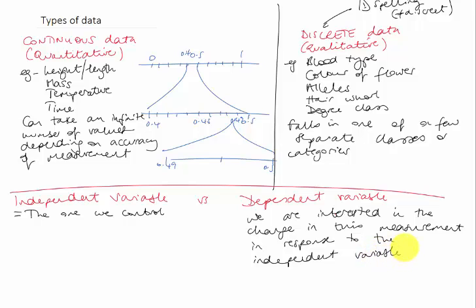So for example, we might incubate a reaction in different temperatures. So then the temperature would be the independent variable that we're controlling, and then we're looking at, for example, the activity of the enzyme in those different conditions, and that would be our dependent variable.